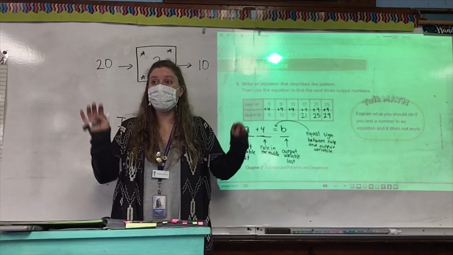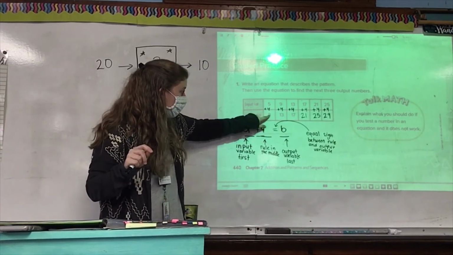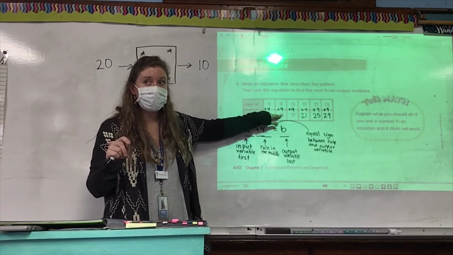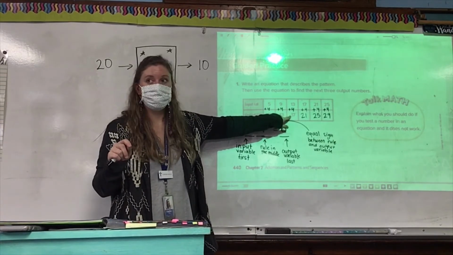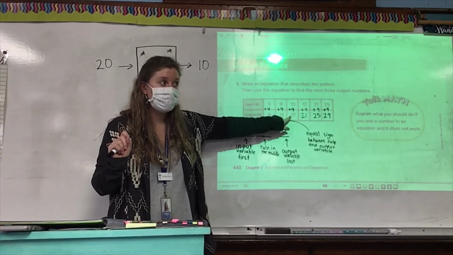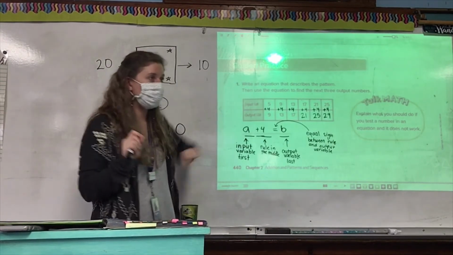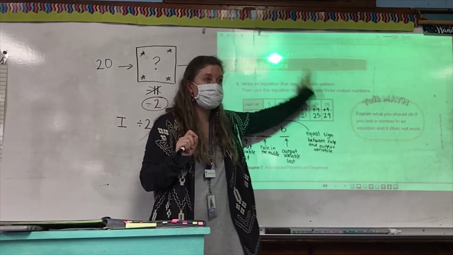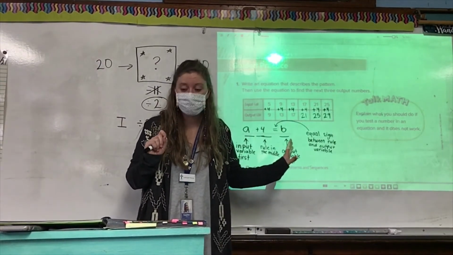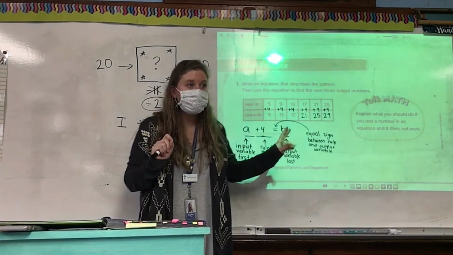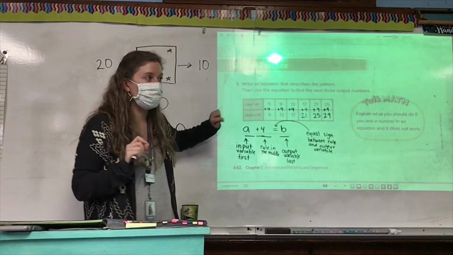So never, ever, ever look for the rule to be from here to here or here to here. Does everybody understand? Always look for the rule from the input to the output. Sometimes it's sideways like this, sometimes it's up and down like in example 2 and example 1. But just make sure that you're looking for input and output.